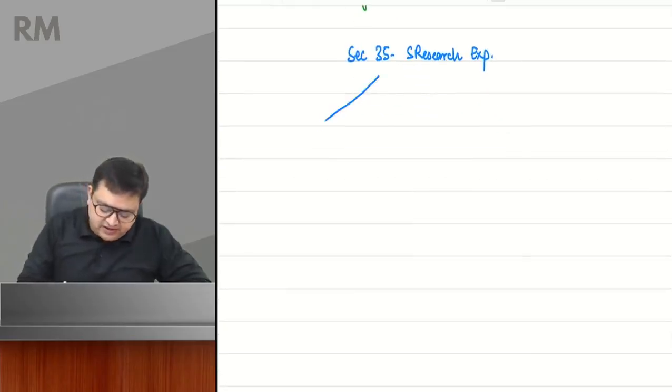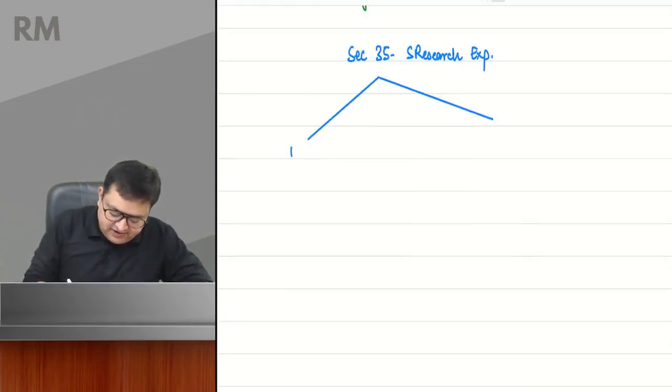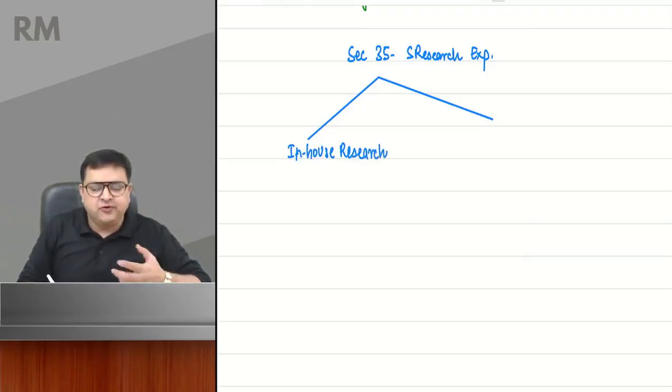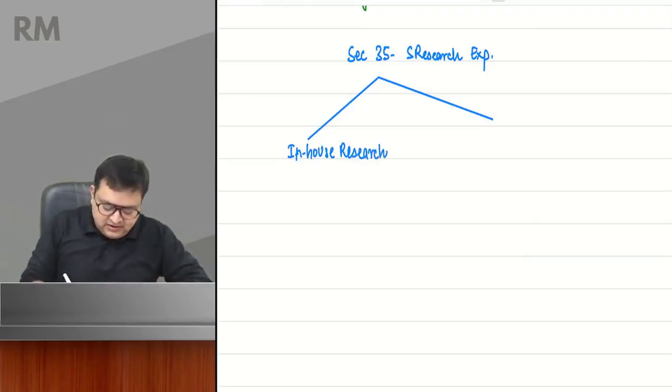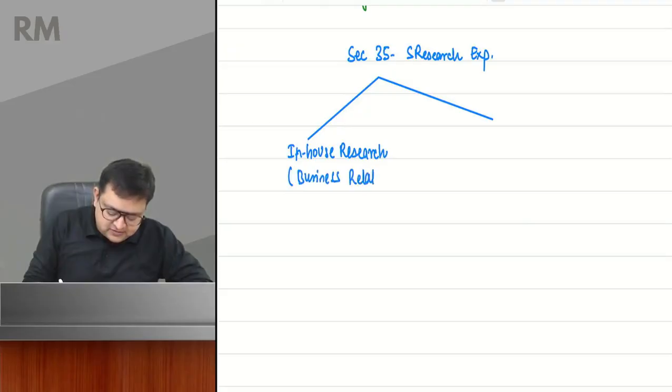And we know that there are two types of research. One is in-house research. What is an in-house research? That we do for our own business. It is business related, for our own business. It can be revenue expenses also. It can be capital expenses also.